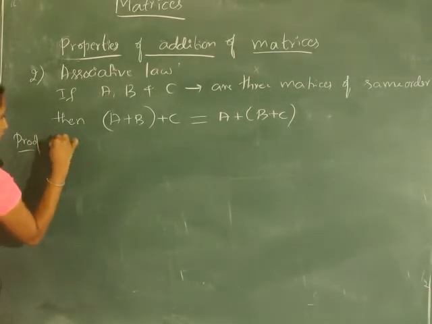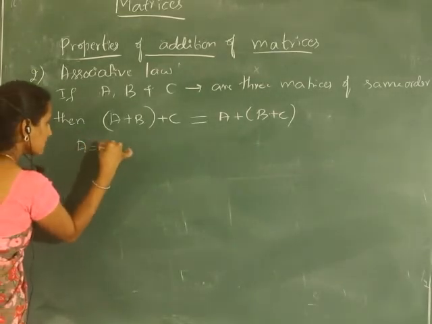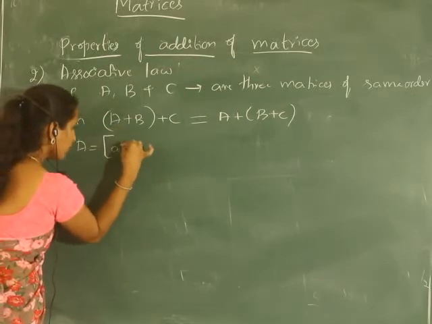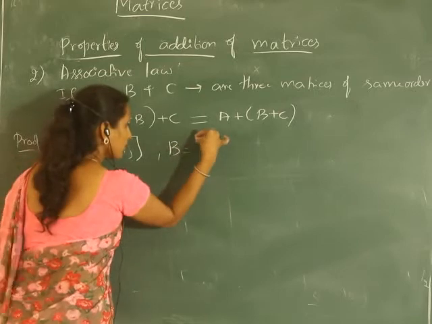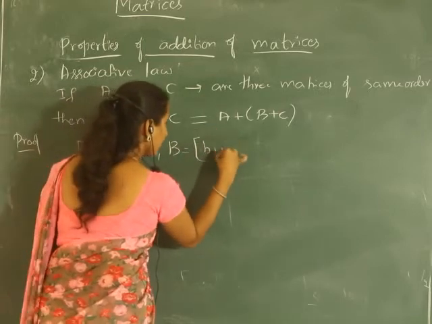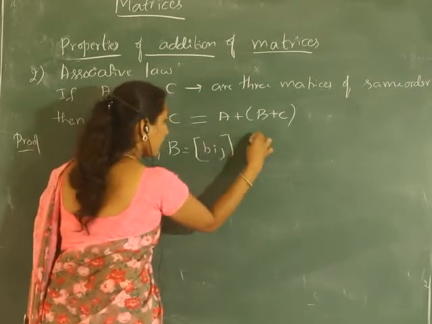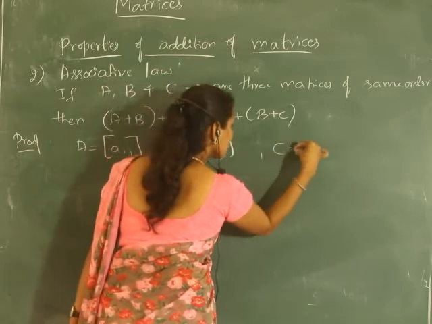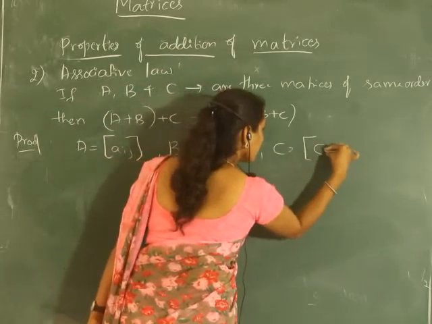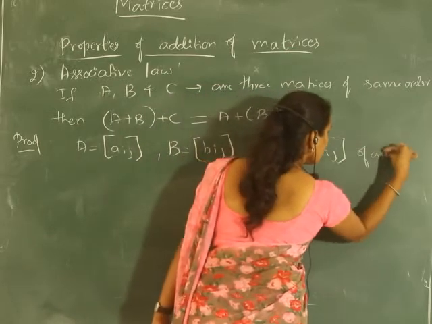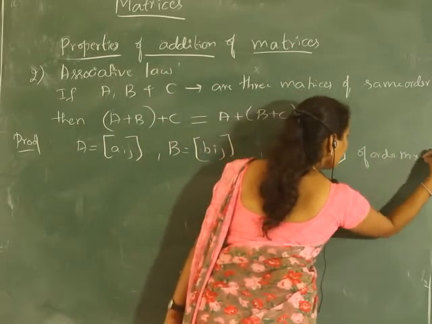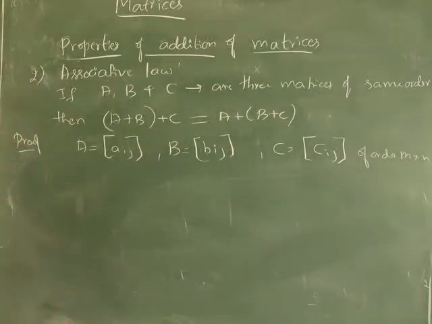So I'll consider A as a matrix Aij, B as a matrix Bij and C as a matrix Cij of order m by n. So I'll consider three matrices A, B, C with the order m by n.